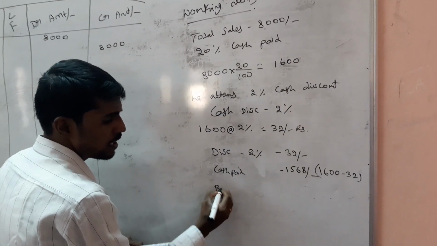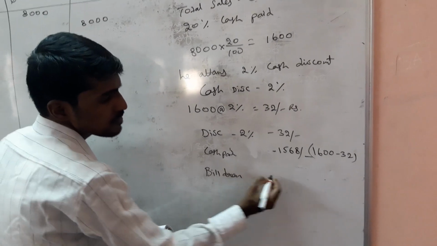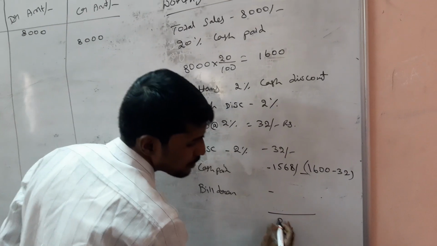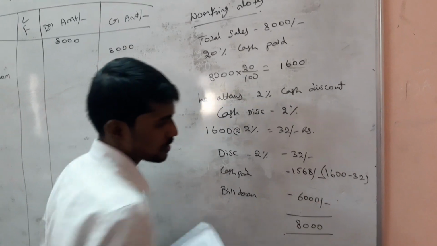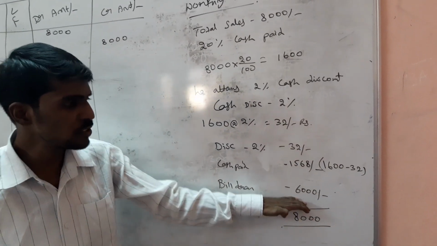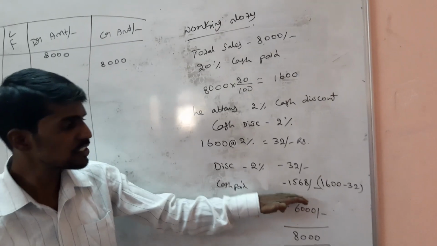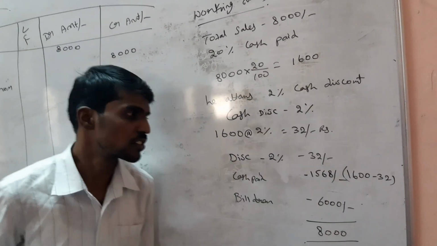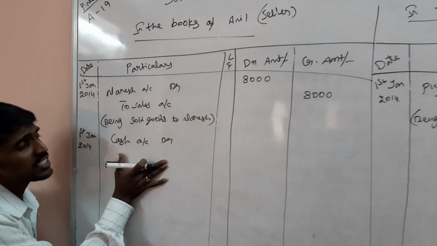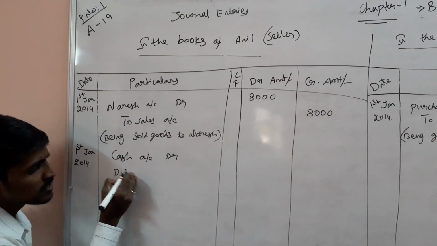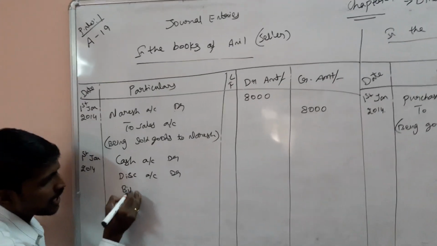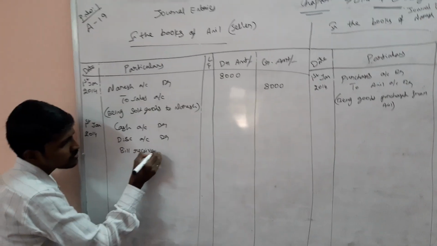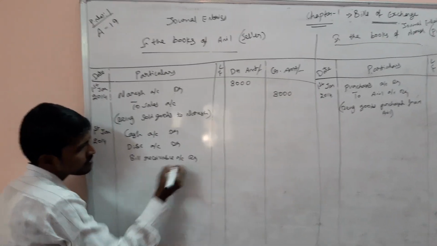And bill drawn means the total amount is 8,000, drawn for 6,000 rupees. So he gave a 6,000 bill, paid 1568 cash, and got 32 rupees discount. So for Anil, cash is debited, the discount will be debited, and bills receivable account debit.